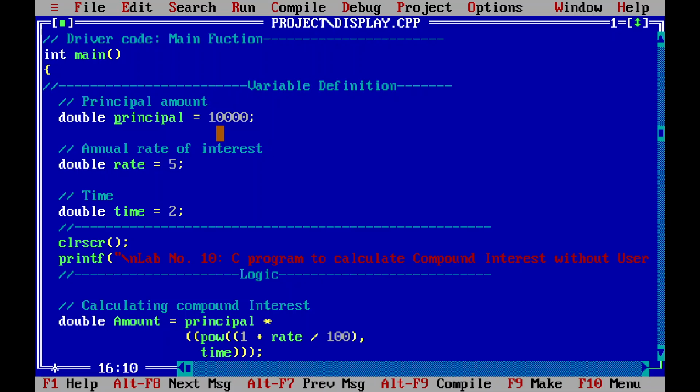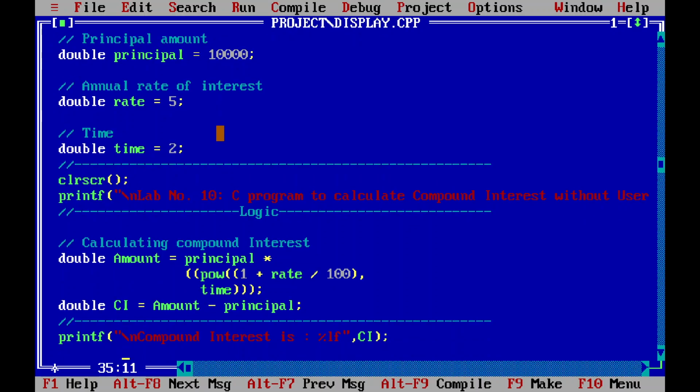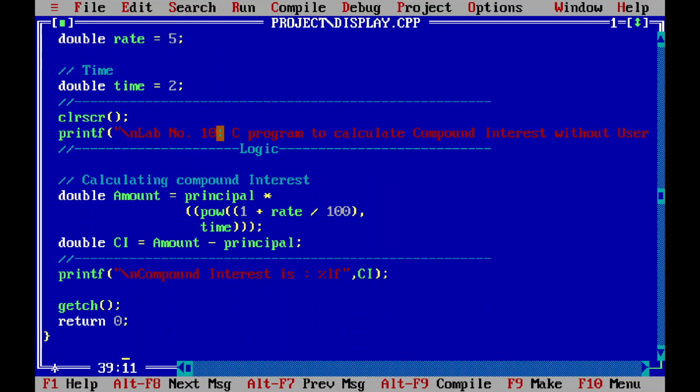Let's see. The next thing that we need is double rate. We can see rate, we have put it as 5%. We can change it as per your requirement, and the time is also required. Now, again, we have checked whether it is working fine or not. Now, coming to calculating the compound interest, which is very crucial, the power function is the most crucial part of this entire coding part.